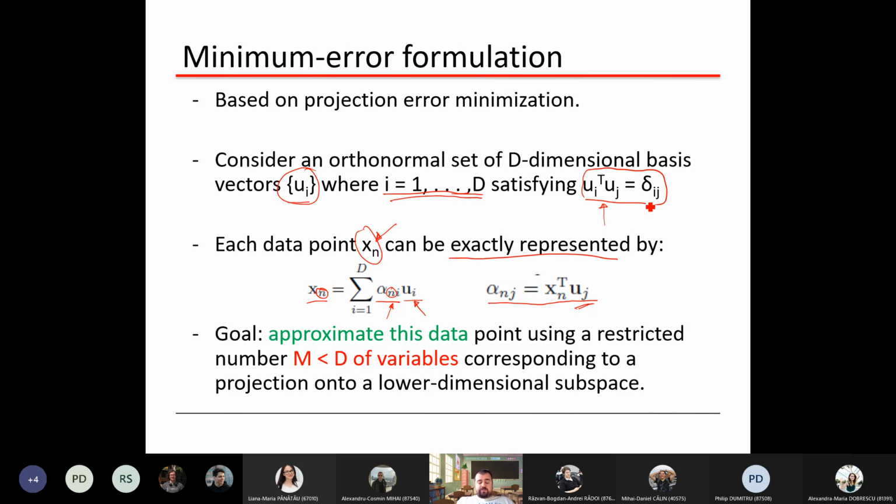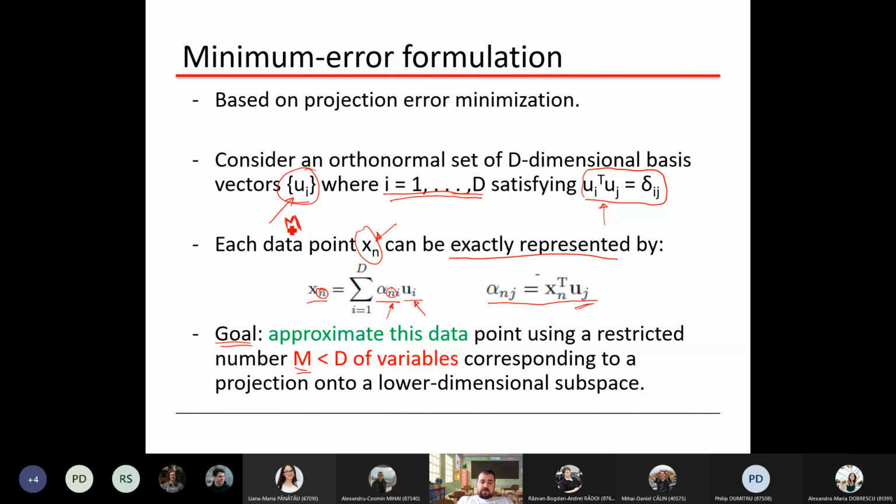And now what we are planning to do is to approximate this data using a restricted number of variables m smaller than d. So out of these basis vectors ui, I will not use all of them. I will only use m out of d.